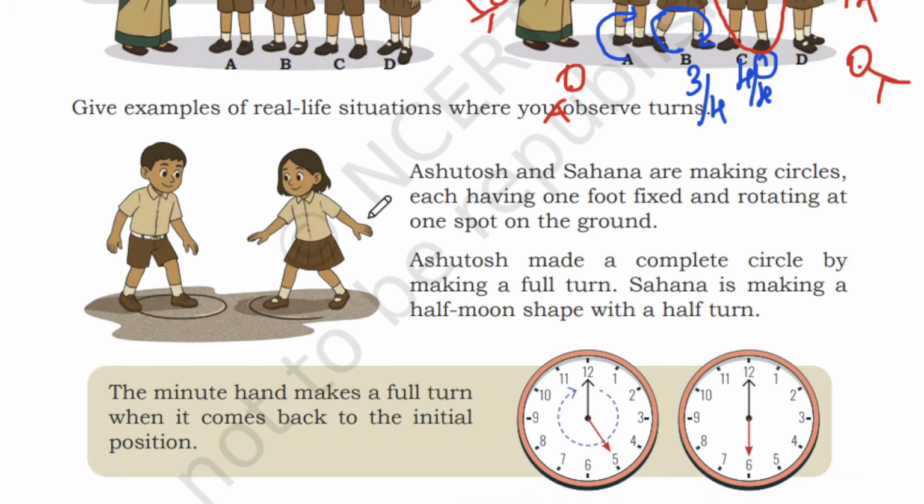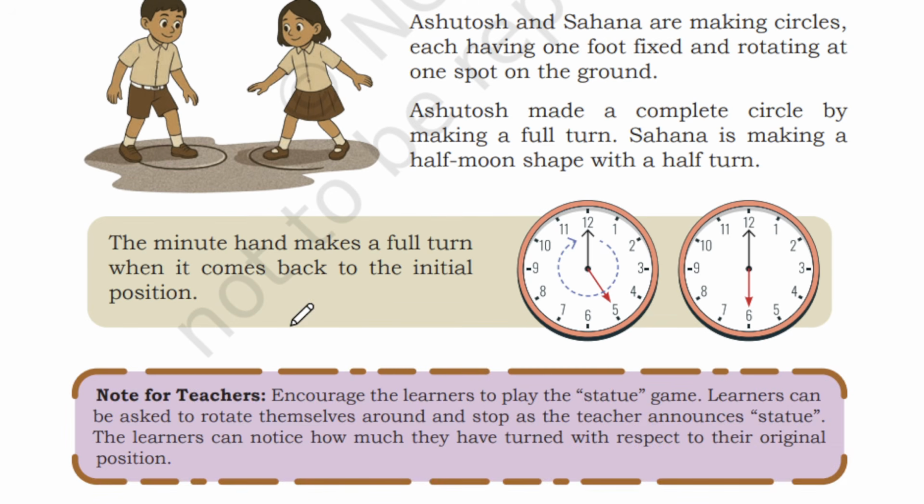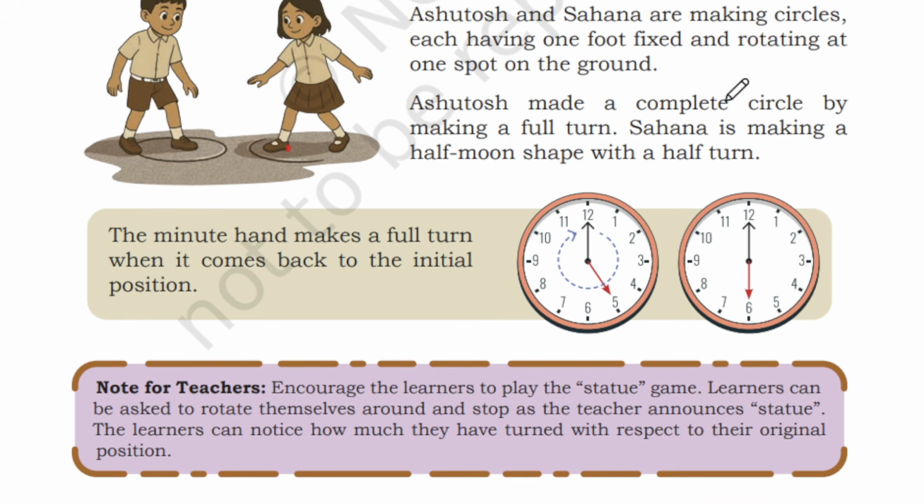Okay, next. Ashuta and Sahana are making circles, each having one foot fixed and rotating the other foot on the ground. For example, they are fixing their shoe edge in the ground and rotating the other part so that they are able to make a circle. Ashuta made a complete circle by making a full turn.